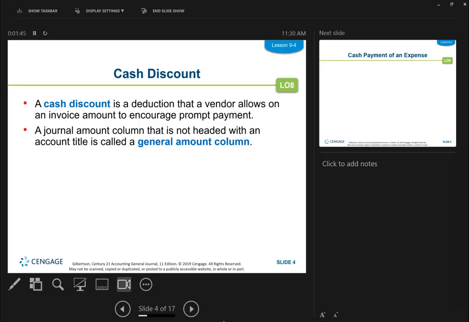A cash discount is a deduction that a vendor allows on an invoice amount to encourage prompt payment. So like, people buy and sell houses, right? Oftentimes you can underbid if you have an all cash offer where you don't have to deal with a bank and loans. You just cut a check and hand the person the check and there's no mortgage company that has to go through and closing costs and all that.